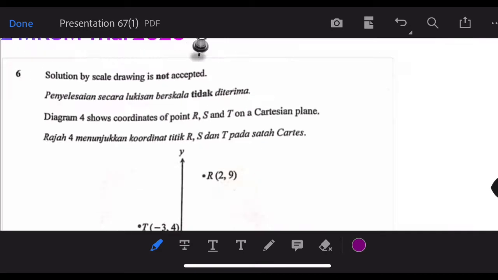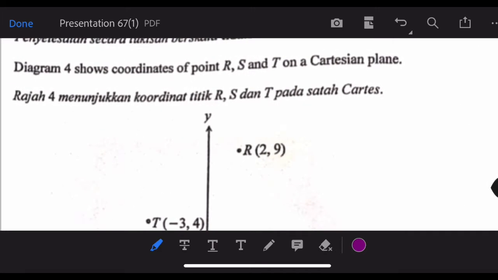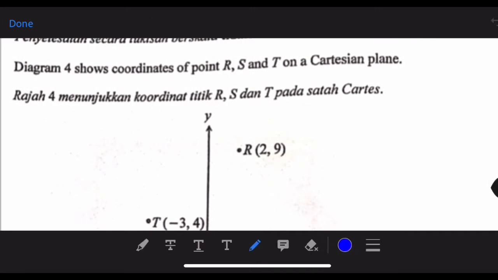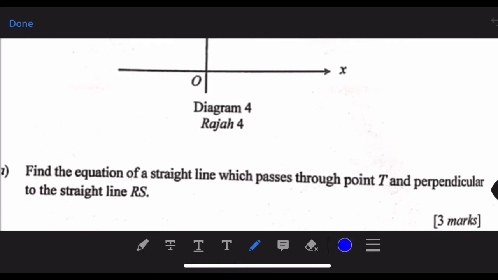Diagram 4 shows the coordinates of points R, S and T on a Cartesian plane. Find the equation of the straight line which passes through point T and is perpendicular to the straight line RS.